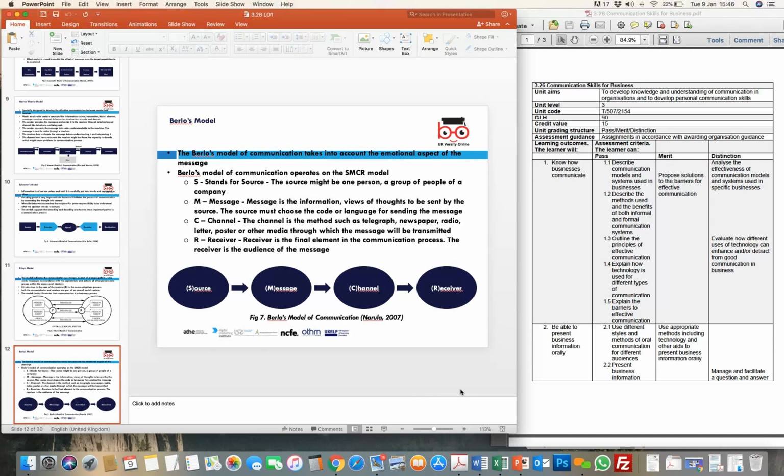A similar situation would be a sad situation or one which has led to a loss, like an accident. You deliver a message of condolence in a particular manner, which takes into account what the receiver is going through. So this particular method of communication looks at involving the emotional aspect in the message.